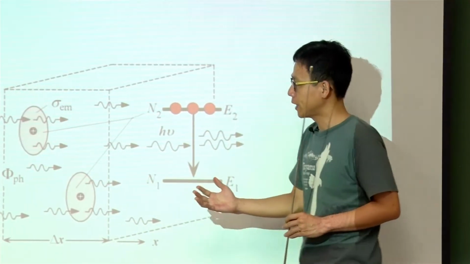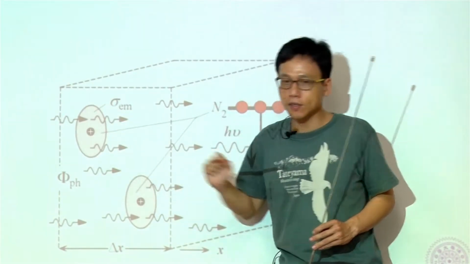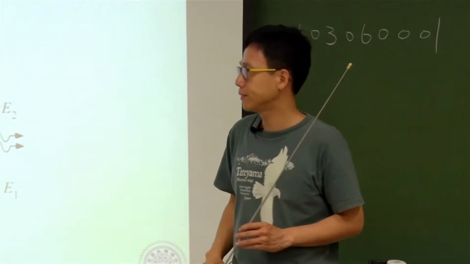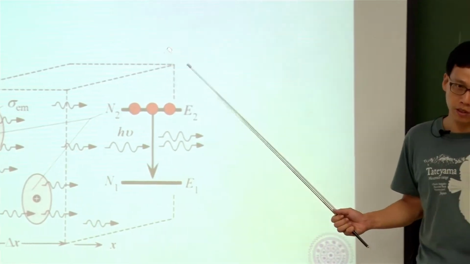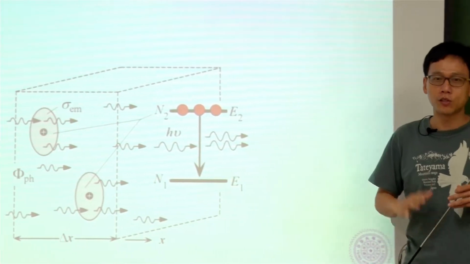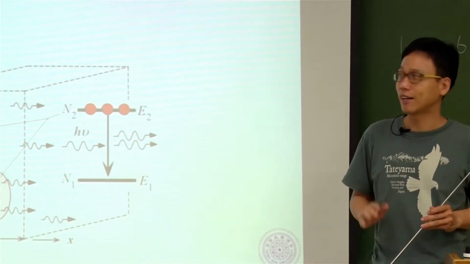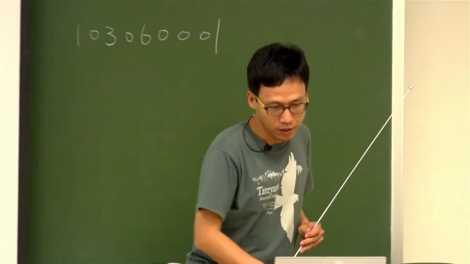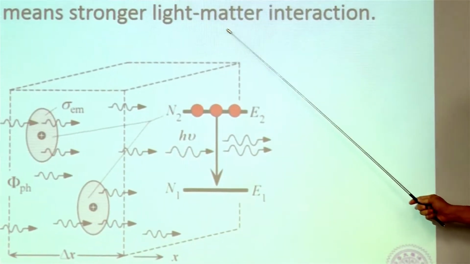If you have a light beam and some input photon passes through this area, then there is light-matter interaction. Stimulated emission happens, and a new photon will be emitted. But outside this equivalent area, there is no interaction. Light just passes through, nothing happens. So this is the definition of sigma g. And a larger sigma g means stronger light-matter interaction.